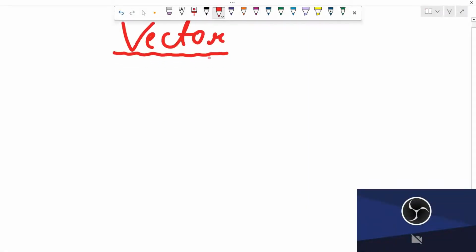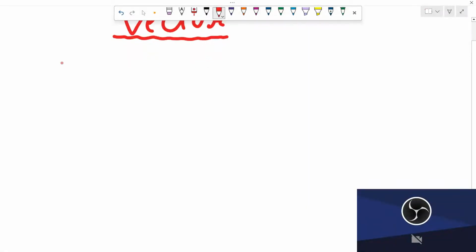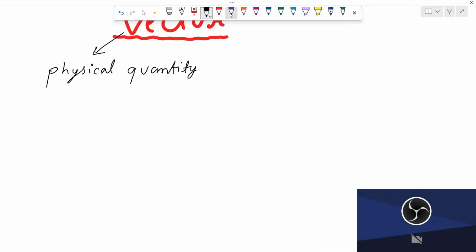Okay. So first of all, starting with the vector, what is the meaning of vector? If we have any physical quantity, let's say mass. We can take an example of mass. Mass is a physical quantity.